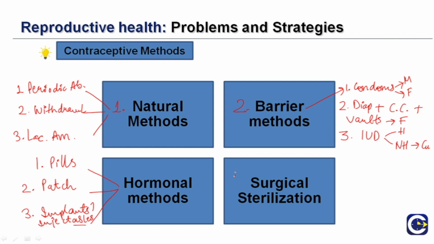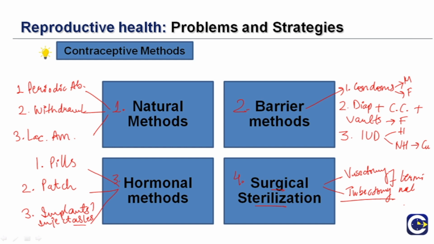And the last method of contraception that we saw was surgical sterilization, and it is available both for men where it is vasectomy or for women where it is tubectomy. And these are both terminal methods. So should be used only when you do not want to have any kids or any further kids.